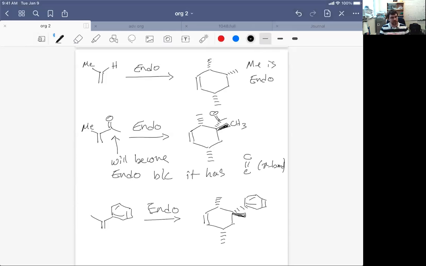So I've provided two examples of dienophiles that have pi electrons in them, pi bonds, double bonds of some sort. When the dienophile approaches the diene, it's going to reorient itself to position those substituents underneath the forming ring.